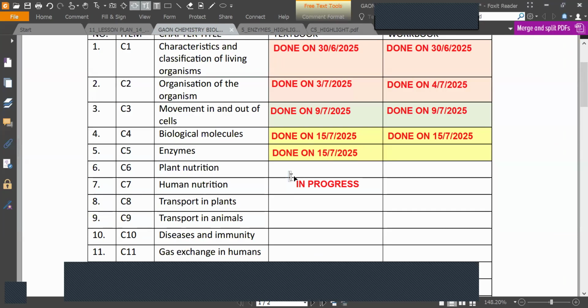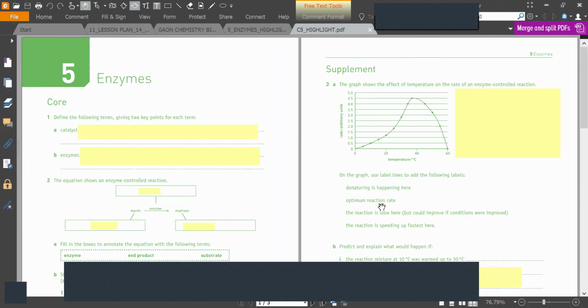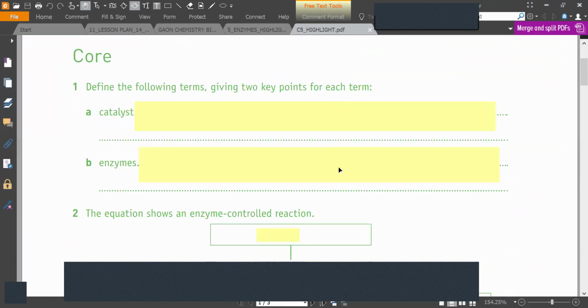Now we will try to work on the workbook. This will also be very straightforward. So we can take a look. The questions are very straightforward. Let's take a look.